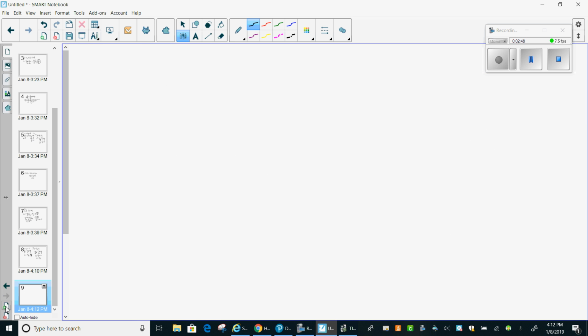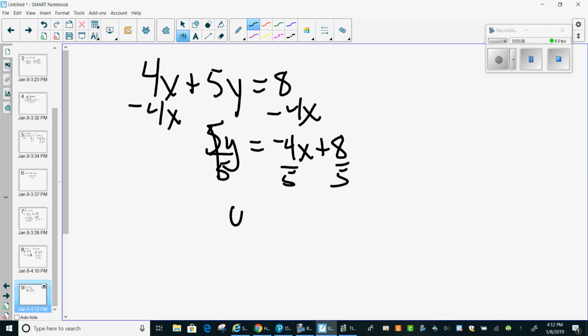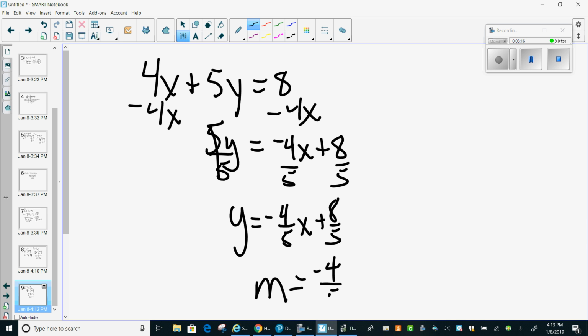The first thing I'm going to do is take the line 4x plus 5y equals 8 and find its slope, because that's going to matter when deriving parallel and perpendicular lines. The rest of it doesn't matter, but the slope of this line really matters. So the line they gave me has a slope of negative 4/5. So keep that in mind.